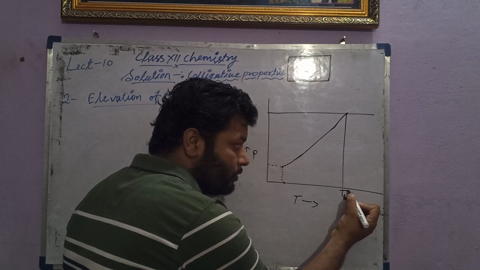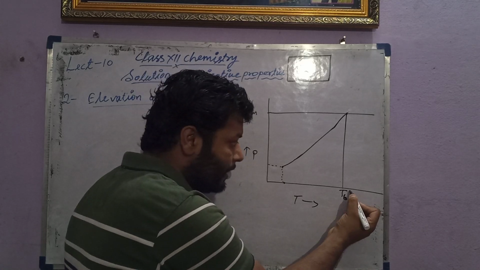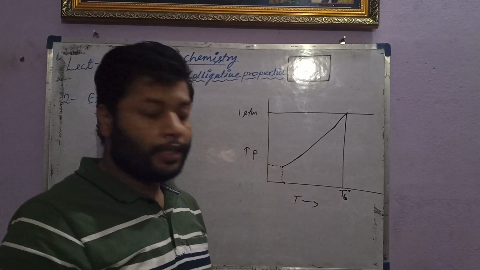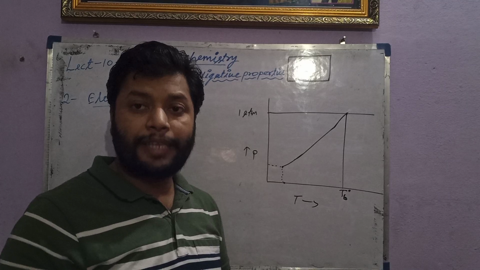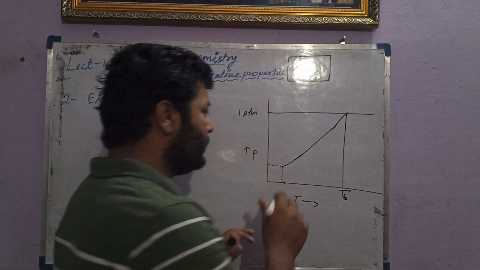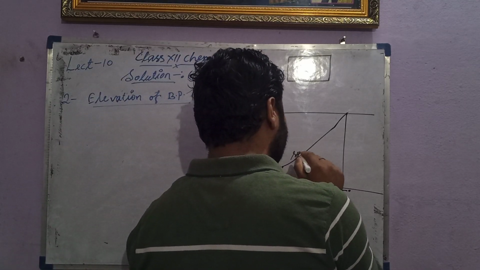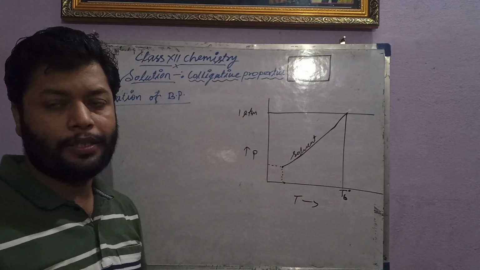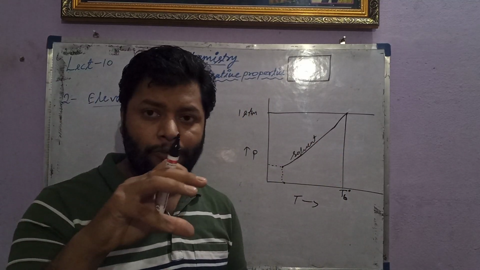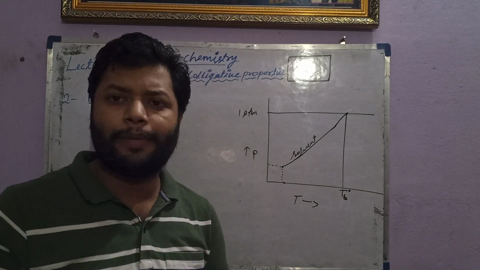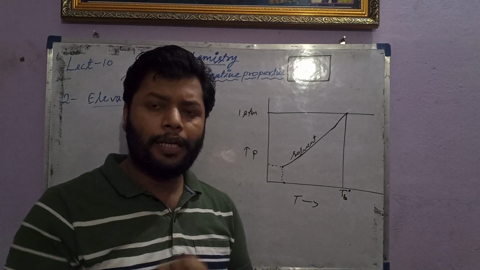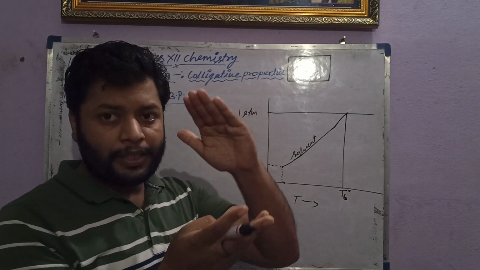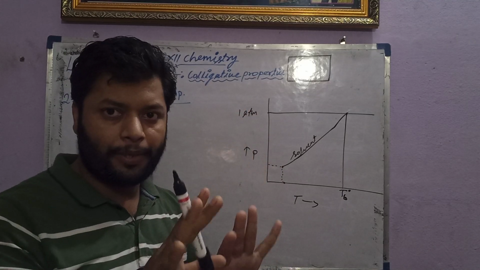If this is a pure solvent, I am writing here T naught B, the boiling temperature in standard condition. This is the line of the solvent. When we add a non-volatile solute to the given solvent, the vapor pressure decreases at the same temperature.